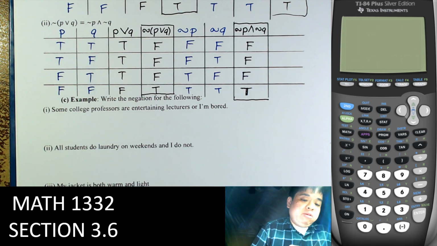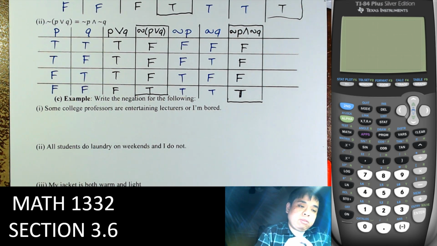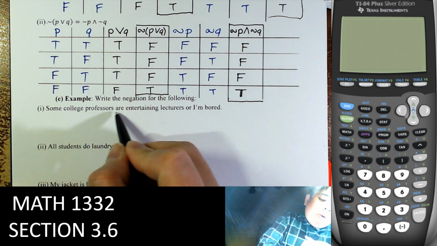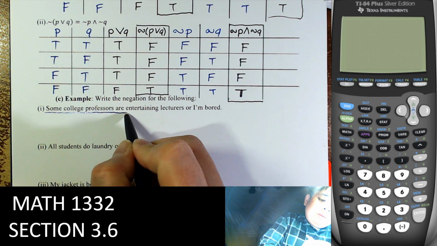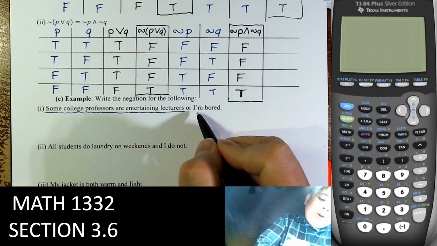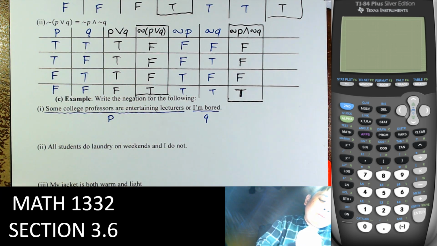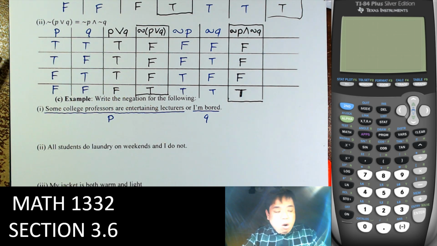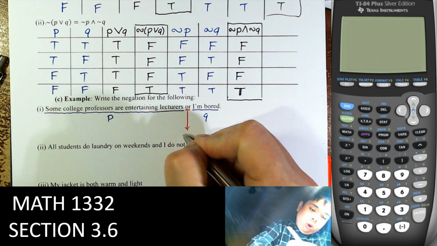Right, finally we just have more exercises of this. Write the negation using De Morgan's law. Right, so we look at this: some college professors are entertaining lecturers or I'm bored. So this is P or Q, and this is R. De Morgan's law says first we change the negation, change the connective from or to and.